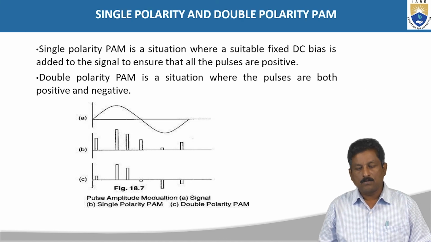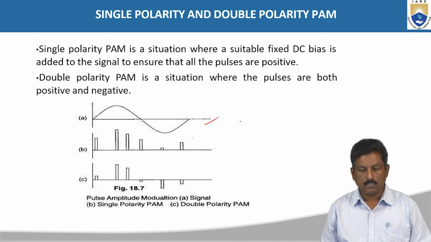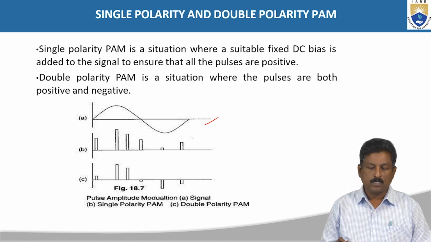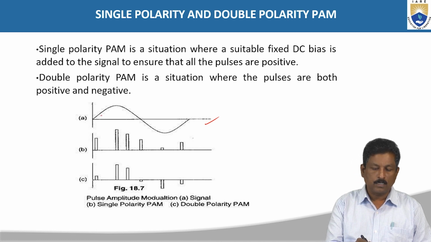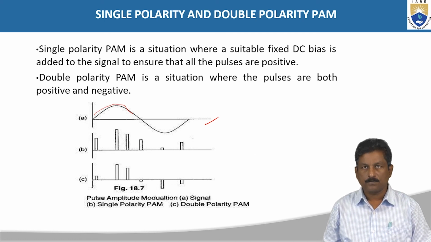So here there are two polarities based on the modulated wave. The first one is our modulating signal, which carries the information signal. Consideration of only the positive polarity, the positive half cycle only, is called unique polarity, single polarity.